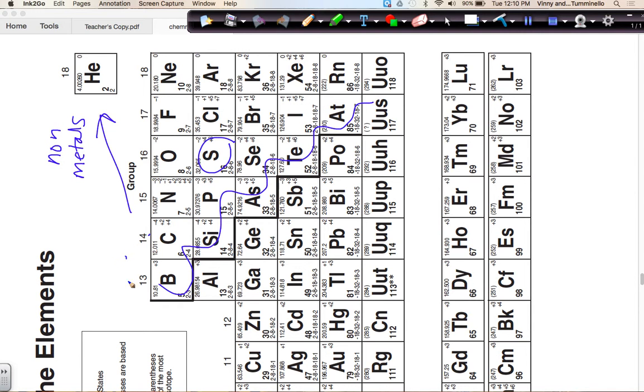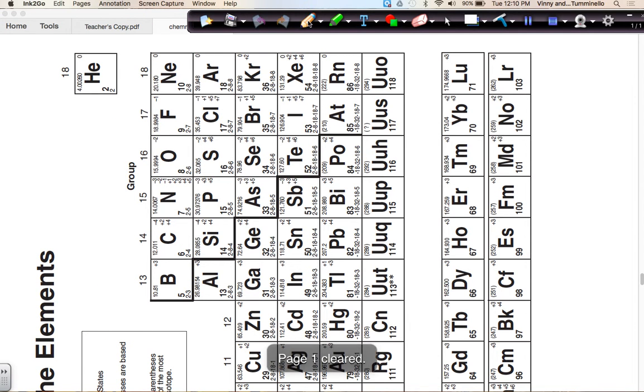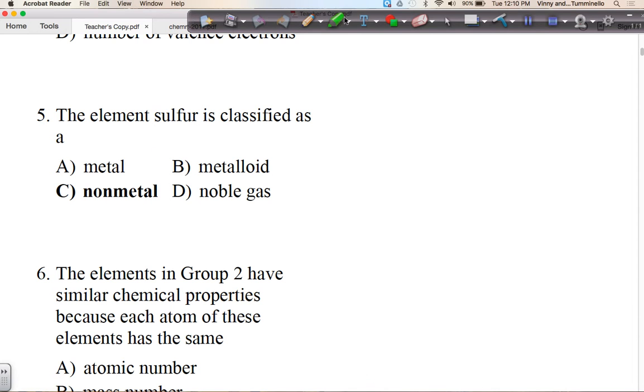On the other side of the staircase, we have the metals. So that means that sulfur is going to be a non-metal.